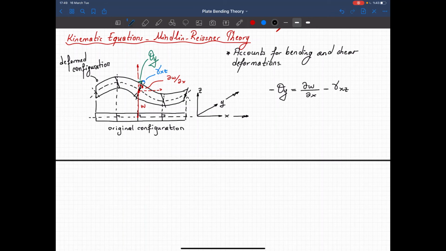And here I'm just putting this minus sign because I'm taking counterclockwise rotations as positive. So from that equation I can just write theta y is equal to minus del w over del x plus shear strain xz.